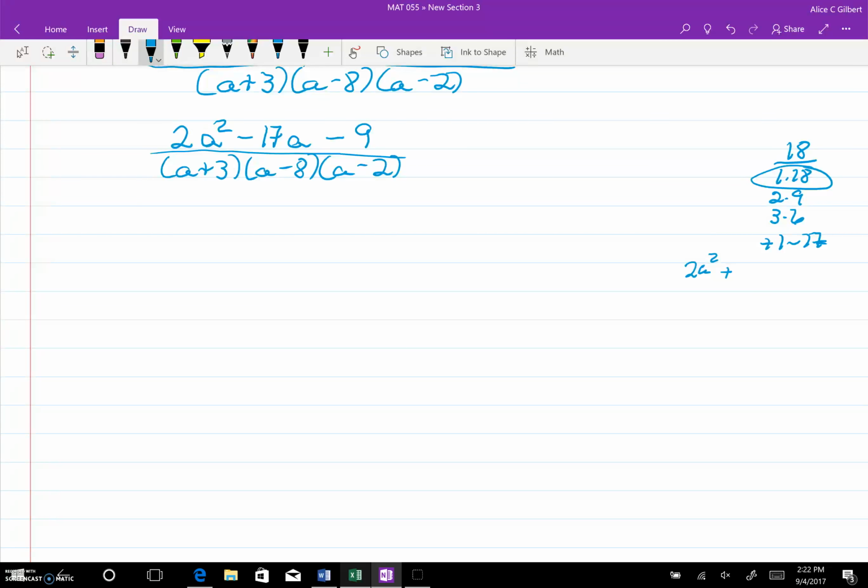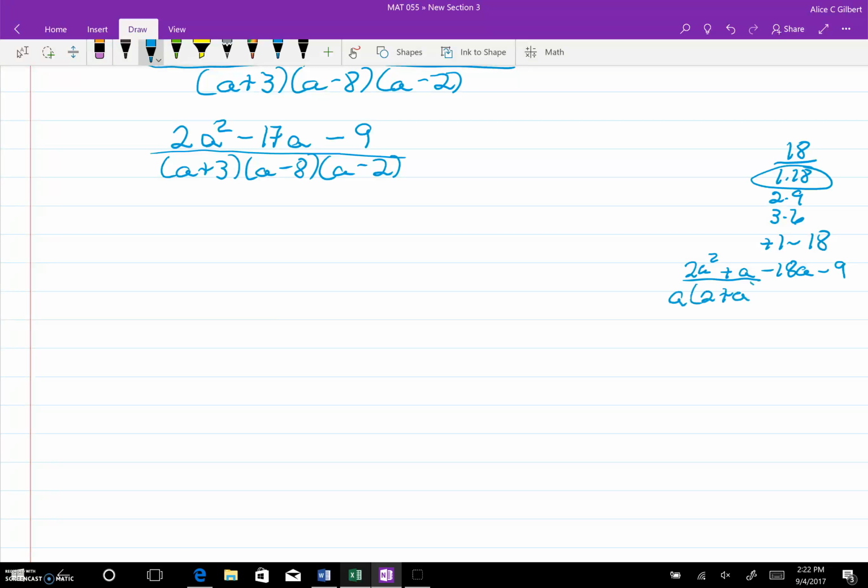Let's see, I'll do plus 18a, excuse me, 18. I hope you guys caught that. 18a. Boy, that still looks like a 7. 18a and minus 9. I can factor an a out of those two.